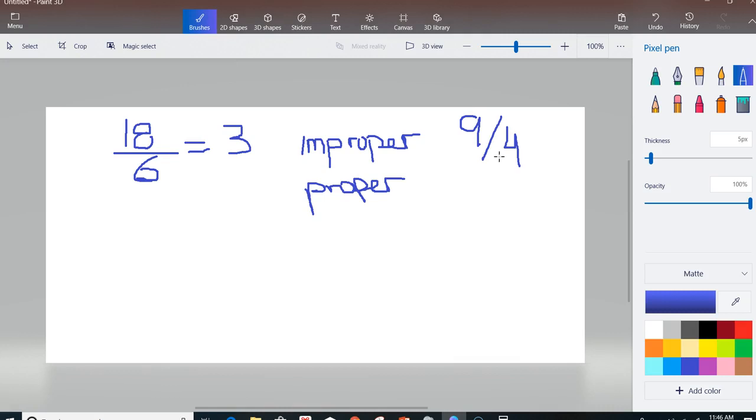A proper fraction, on the other hand, is a fraction less than 1. The numerator of a proper fraction is smaller than the denominator. The shaded portion of the circle can be represented by the proper fraction 3/4. So for example, 3/4.